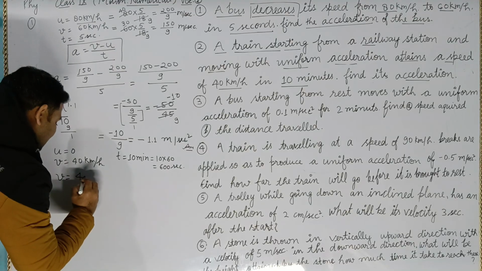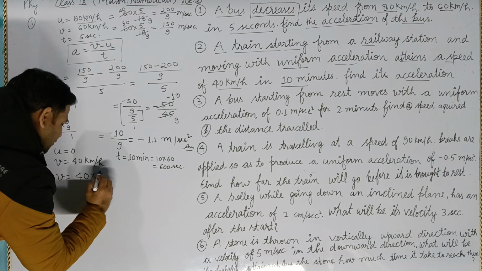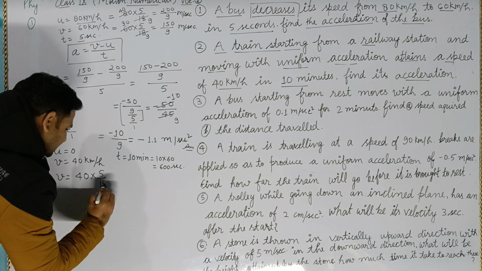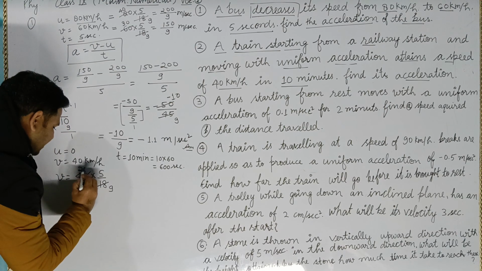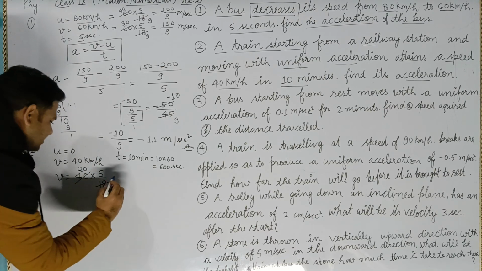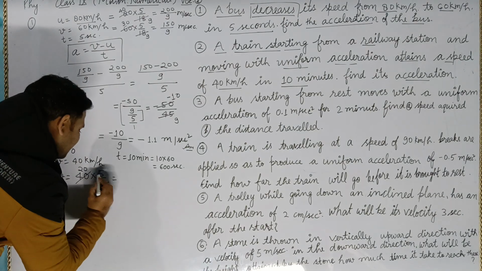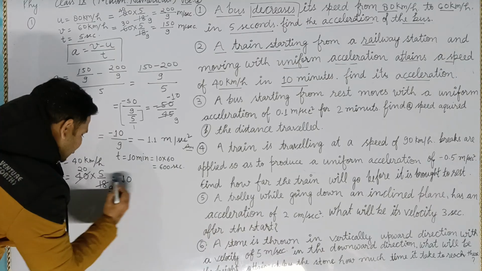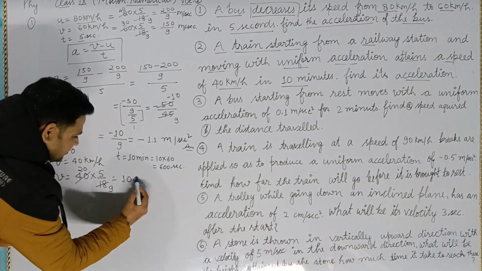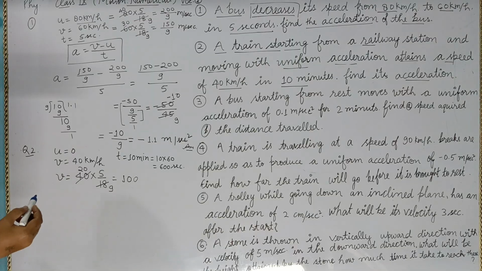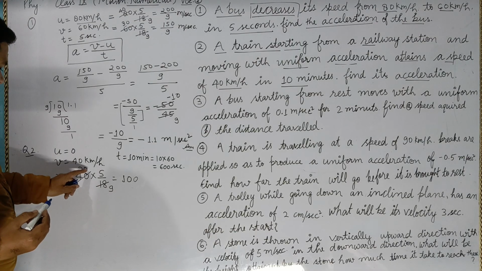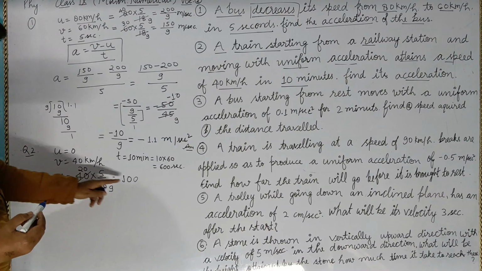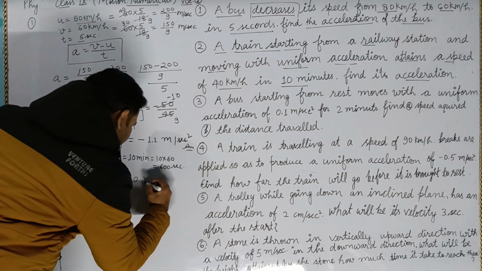So we write 40 into 5 upon 18: 2 nines are 18, 2 twos are 4, and we get 100 upon 9 meter per second.